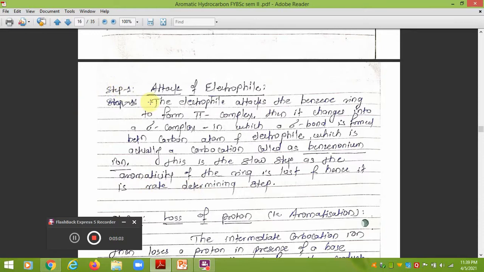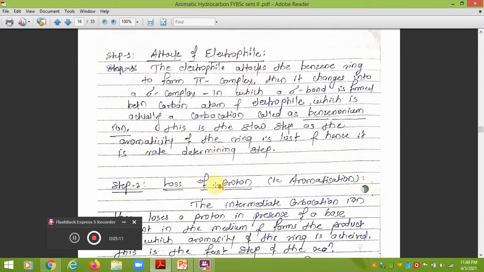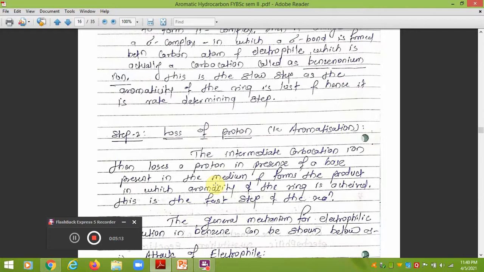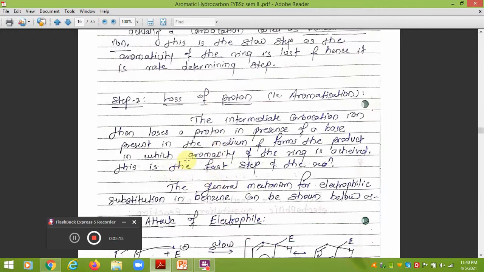The first one is the attack of the electrophile. In this case, benzene or the aromatic compound reacts with the electrophile and it gives the formation of a sigma complex. After this, the sigma complex loses the proton, which we call loss of proton, and this step is called aromatization.